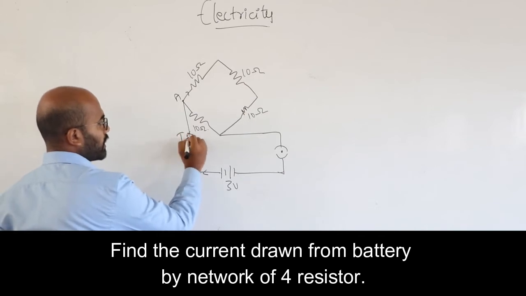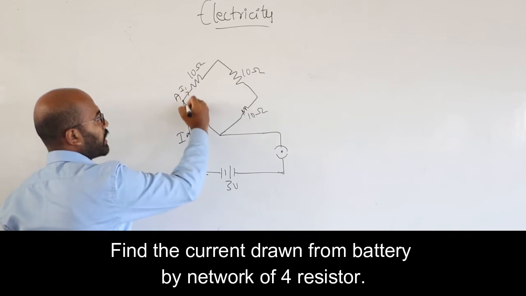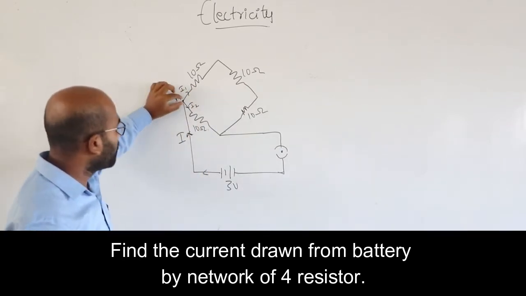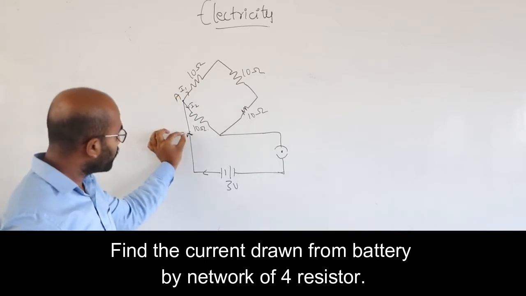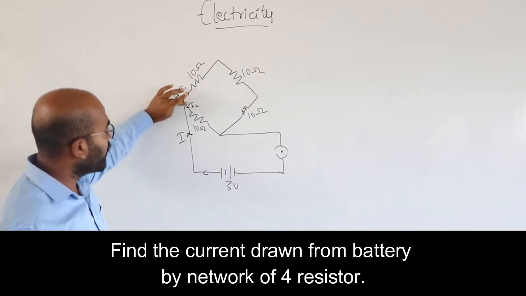So if you take this as I, here it will be I1 and I2. What happens at point A is, the current which is flowing splits into I1 and I2.